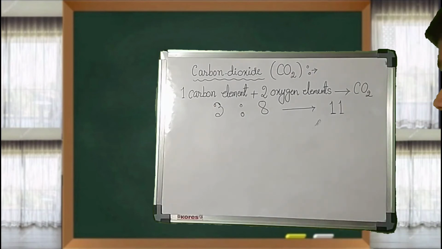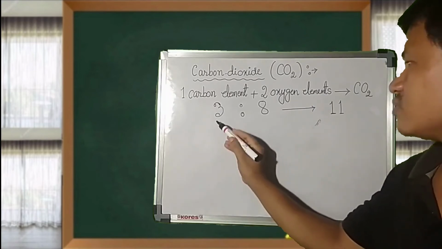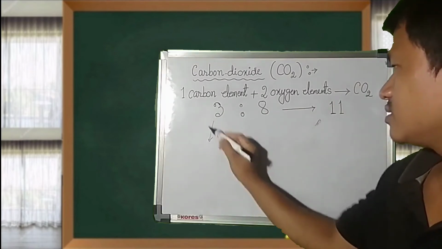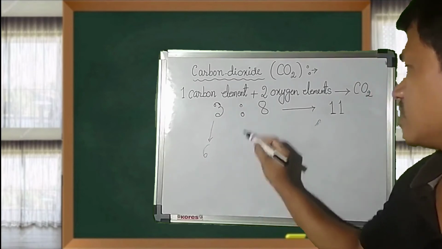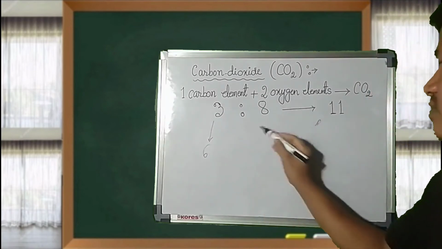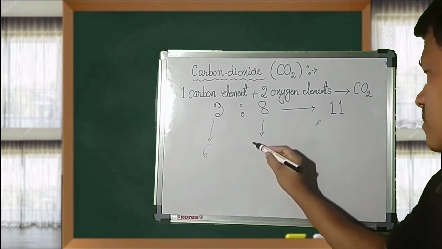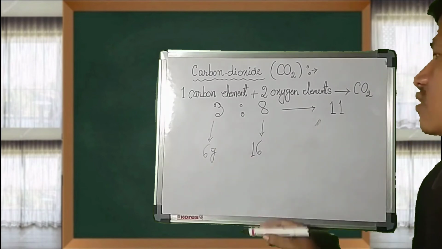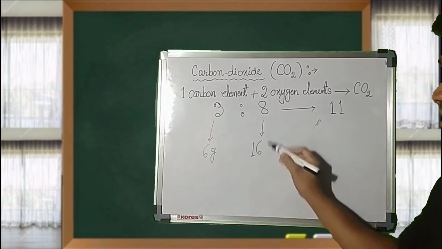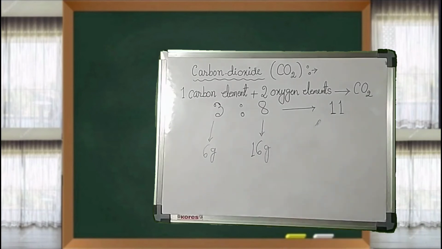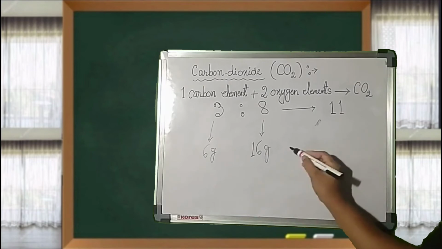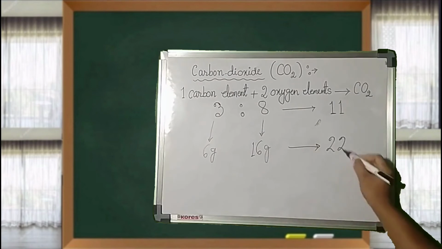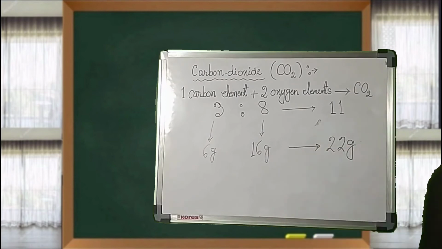Suppose the mass of carbon is 3 2s are 6 and the mass of oxygen is 8 2s are 16. So 6 grams of carbon can fully combine with 16 grams of oxygen to produce 6 plus 16, 22 grams of carbon dioxide.